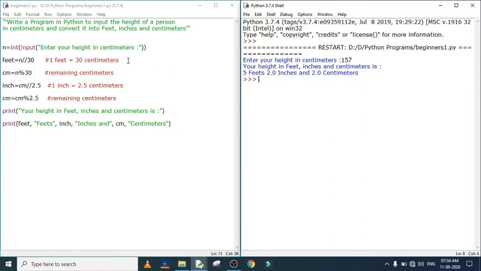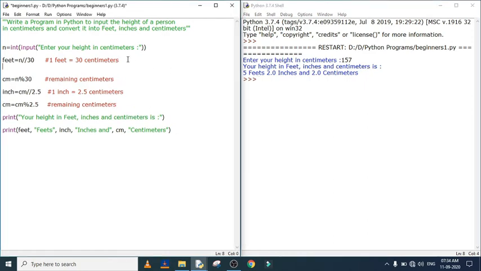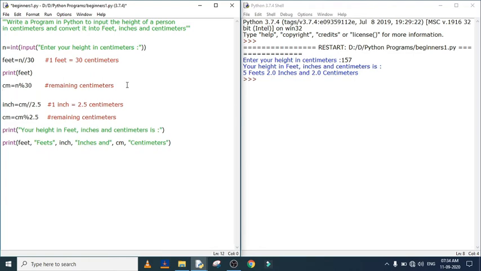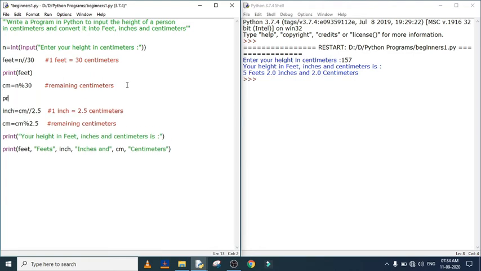If I am going to print here, print feet at this statement. After this, print cm, the value of centimeters.